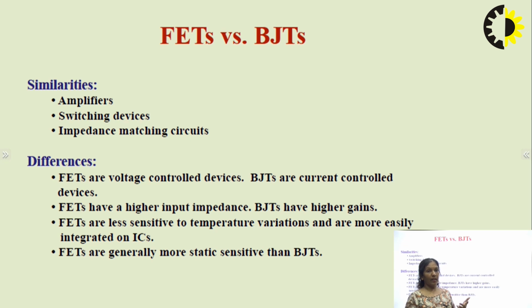Also the VBE of the BJT is temperature dependent, and the leakage current of the BJT is also temperature dependent. So BJT is a temperature sensitive device, whereas field effect transistor is less sensitive to temperature variation, and it is more easily integrated on ICs.